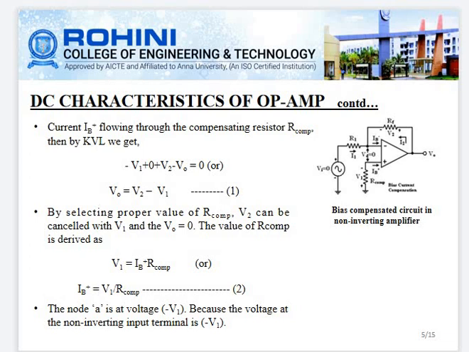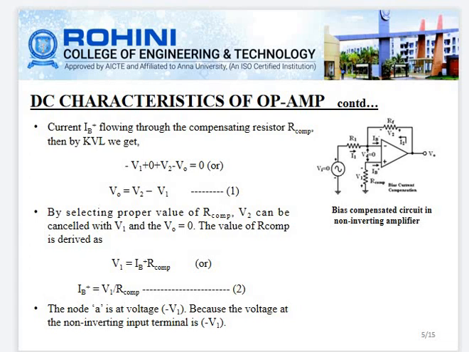The current IB plus flows through the compensating resistor R compensation. Then by applying Kirchhoff's voltage law, we get minus V1 plus 0 plus V2 minus V0 equal to 0. So V0 equal to V2 minus V1. By selecting the proper value of R compensation, V2 can be cancelled with V1 and V0 equal to 0.